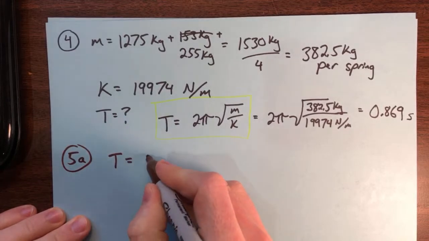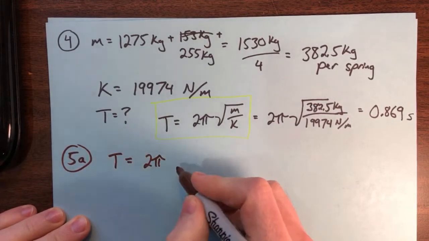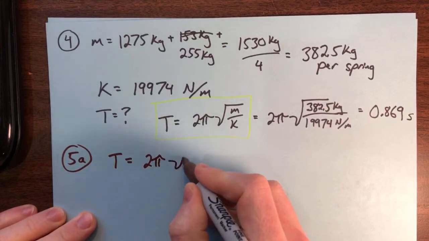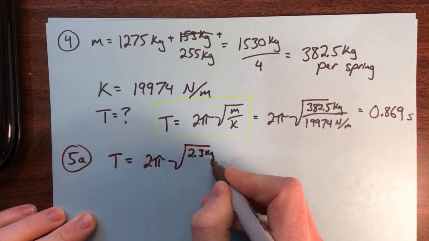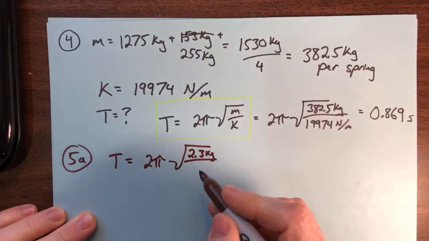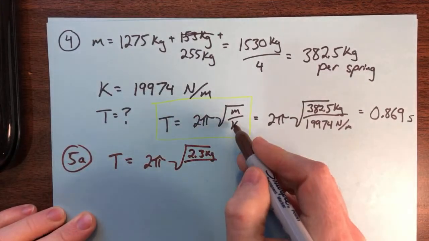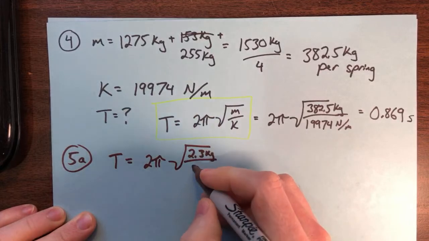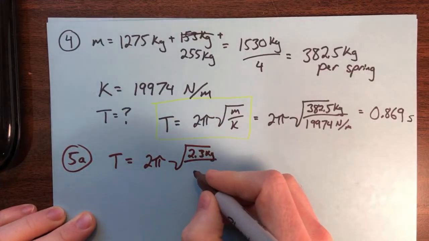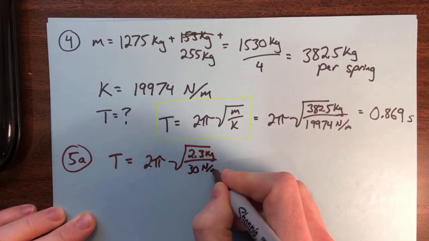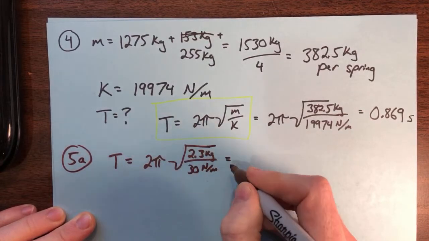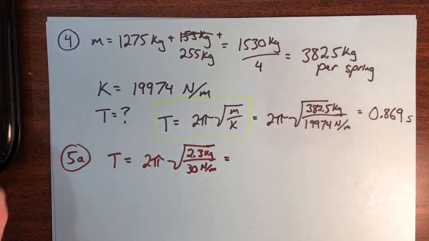T equals your 2 pi. And what does it say? We have a mass of 2.3 kg, and we have a spring constant. The spring constant is going to stay the same for all these problems, but the mass is going to change.